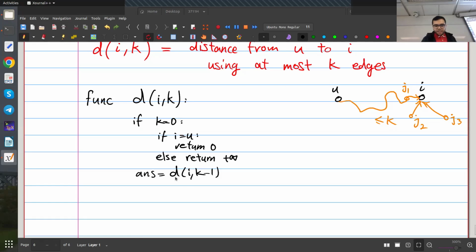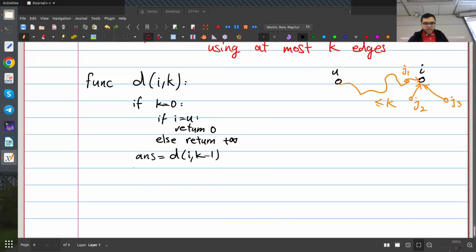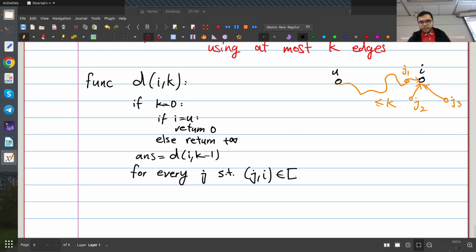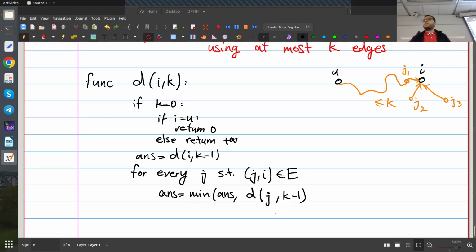I know that my answer is either d of i, k minus 1 or smaller than that. And then for every j such that there is an edge from j to I in my graph, the answer becomes the minimum of whatever it was before, and the distance to j, but using at most k minus 1 steps, plus the cost of the edge that goes from J to I.